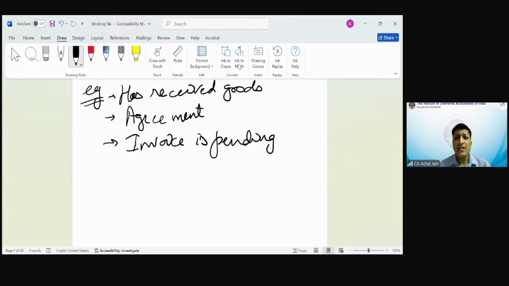Ishan is also saying, sir, because the invoice is not received. Then I think Anil is saying, yes, sir, because the invoice is pending. We are saying there's no time and amount involved. I think Kirti is saying invoice is pending.